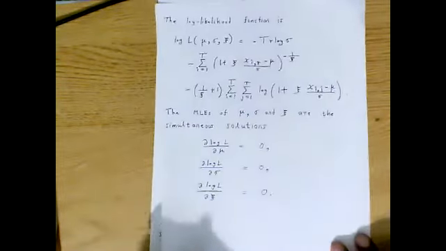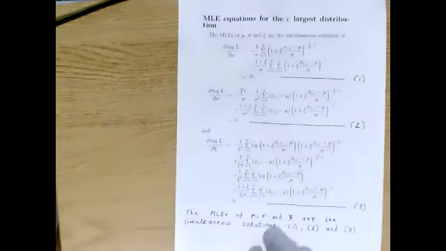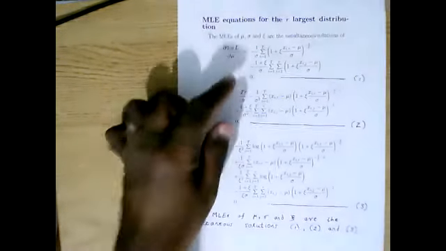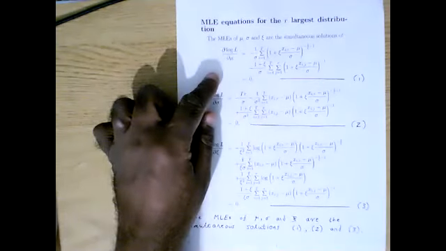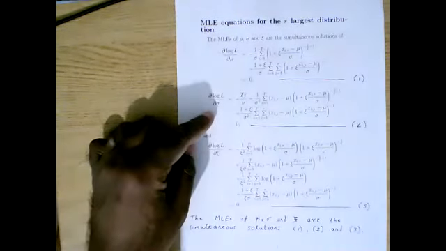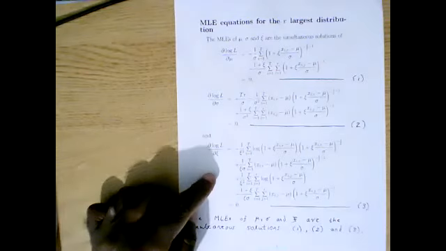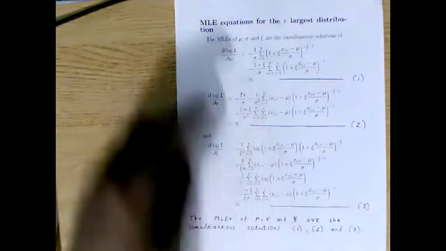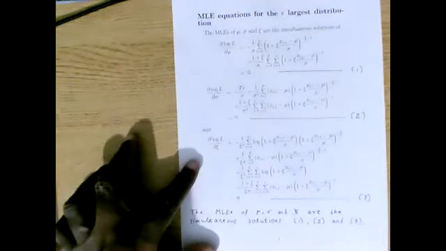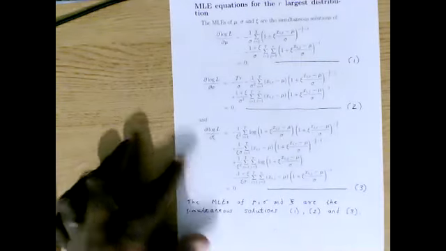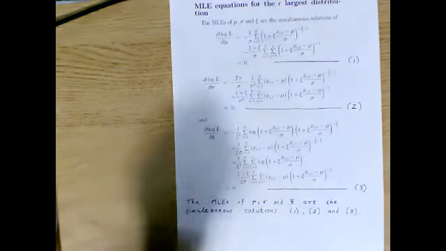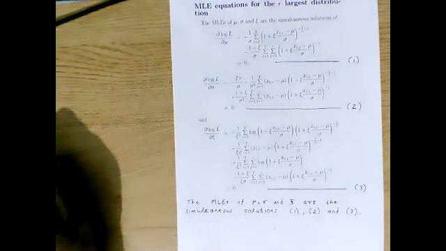If you've done the partial derivatives, this is what you will get. This is the partial derivative with respect to mu, with respect to sigma, and with respect to psi. So you can solve these equations 1, 2, and 3 simultaneously to obtain the MLEs for mu, sigma, and psi.